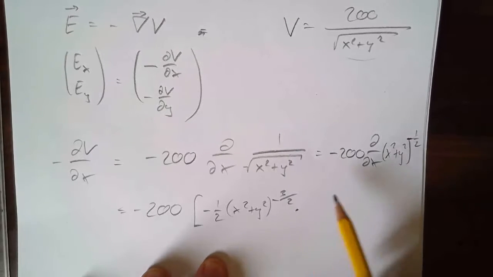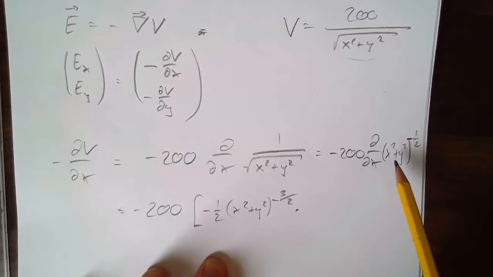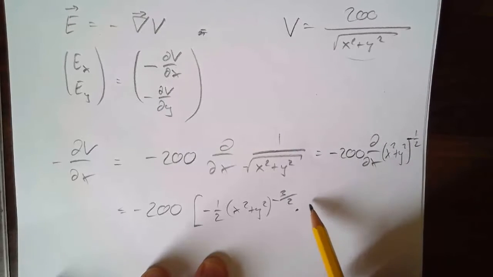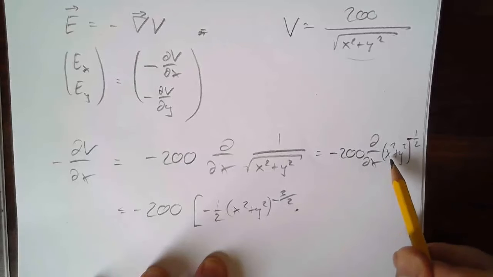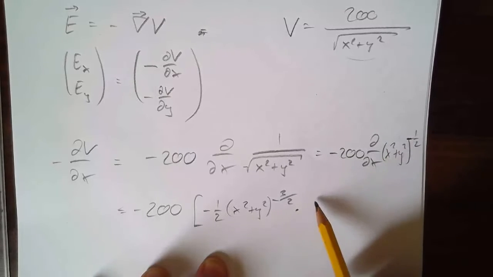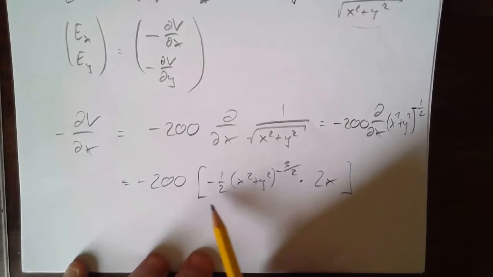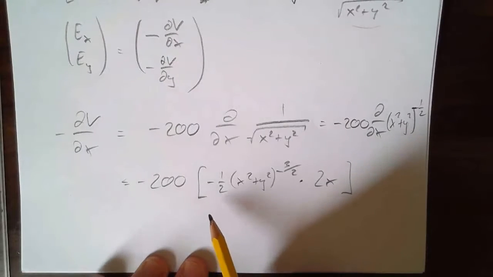But then, chain rule, right? I want to differentiate the thing inside. So I'm going to get the x derivative of the thing inside. It's just 2x. In case it's still not clear, let me write this out.